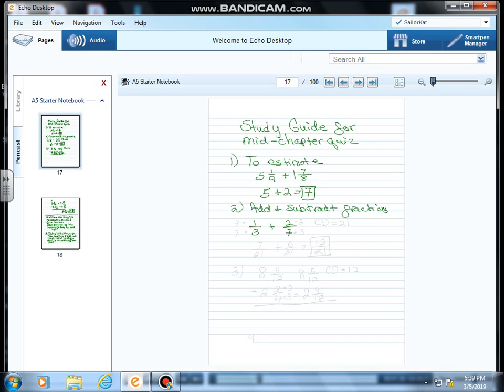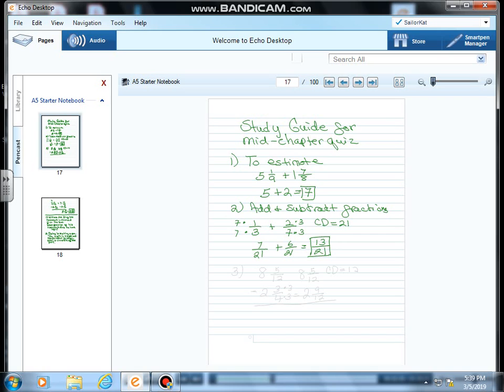In this case, they're both primes, so if we multiply them together, we will get 21. Then we need to make like fractions. So we have 7 over 21 plus 6 over 21, and that is equal to 13 over 21. This is in simplest form, so we will box it.